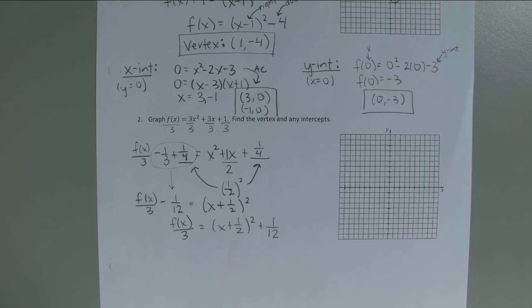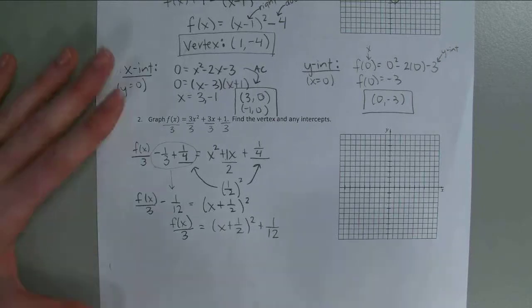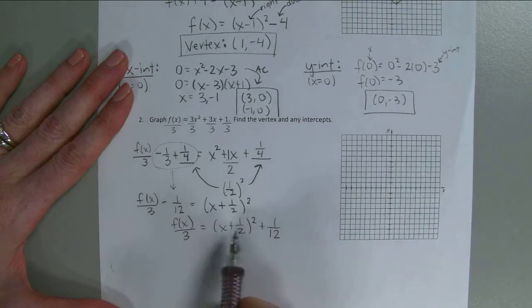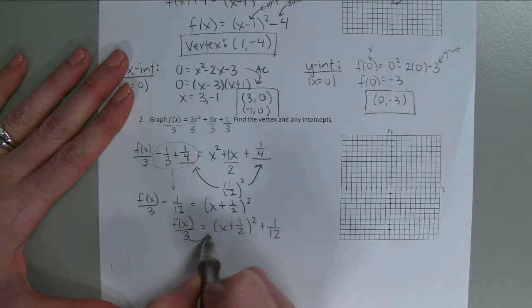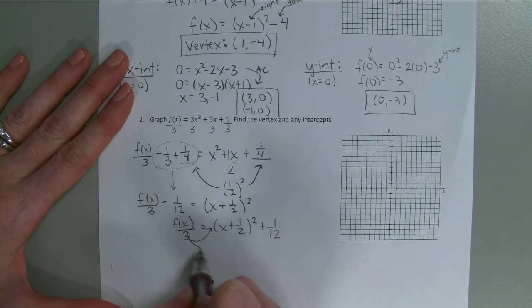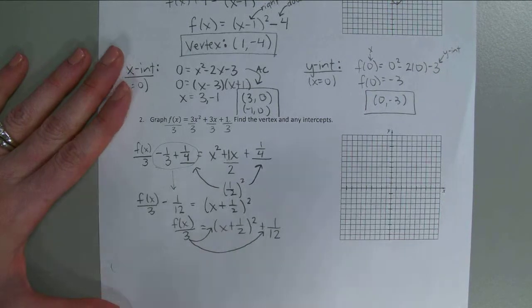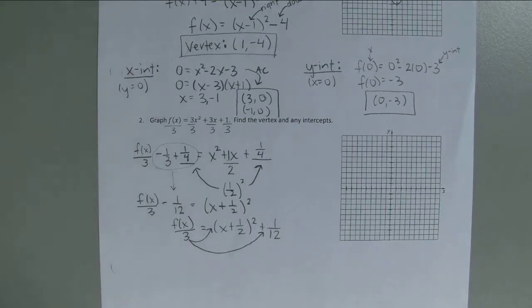All right. This is typically not one where we have to do it, but what's the opposite of dividing? Multiplying. So right now this f of x is divided by 3. So what do we need to do? We need to multiply by 3, but we need to multiply both terms by 3. So throw a 3 in front there, but then we're also going to take 1/12 times 3. Okay? Because we want to multiply that whole side by 3 to get rid of the 3.